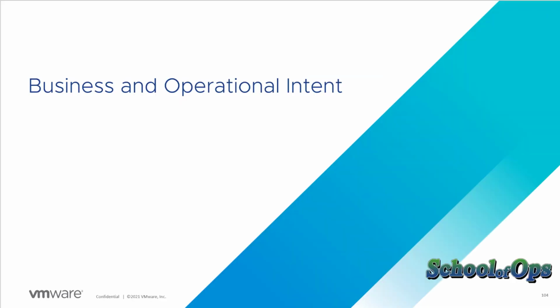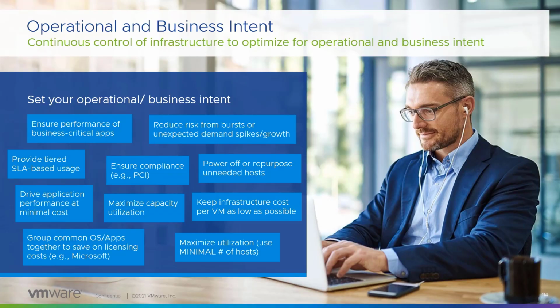So let's start out by talking about business and operational intent. And this is a really easy concept, but a really important concept to get across to customers and users of vRealize Operations. Think about it this way. Wouldn't it be great if you had your infrastructure and your infrastructure would work and act and behave the way you wanted it to?